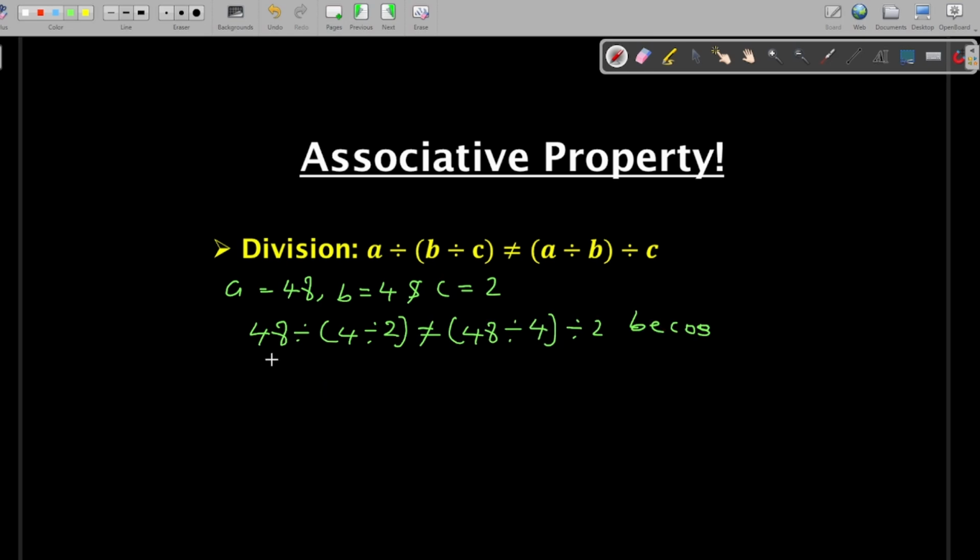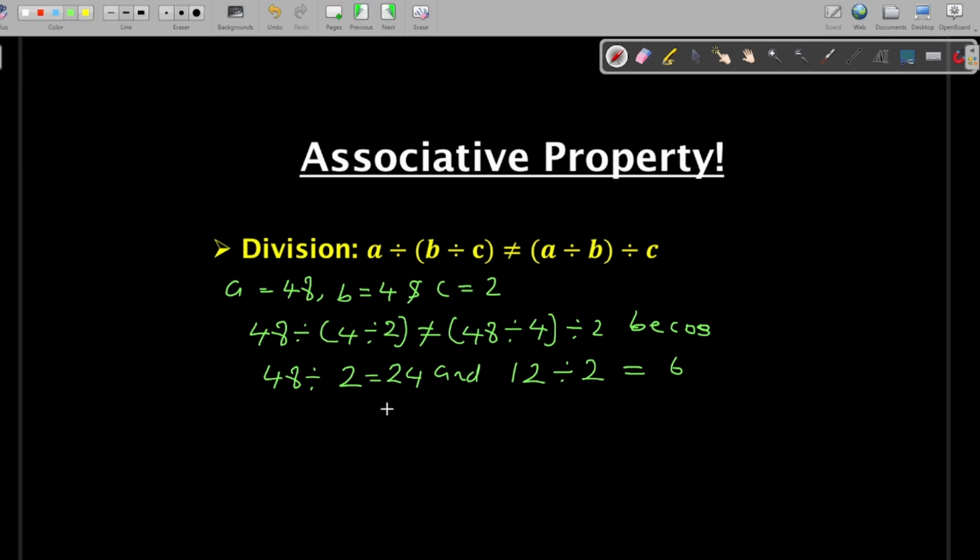Because 4 divided by 2 will give us 2, so 48 divided by 2 will give us 24. And 48 divided by 4 will give us 12, and 12 divided by 2 is equal to 6. And you can see we end up having different results.